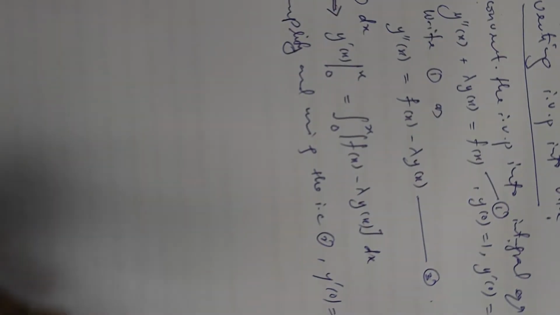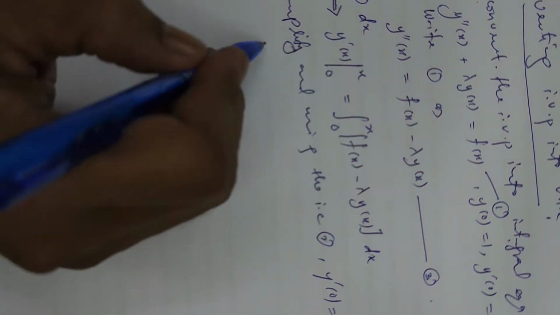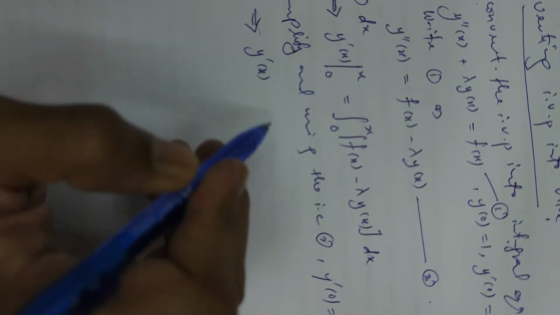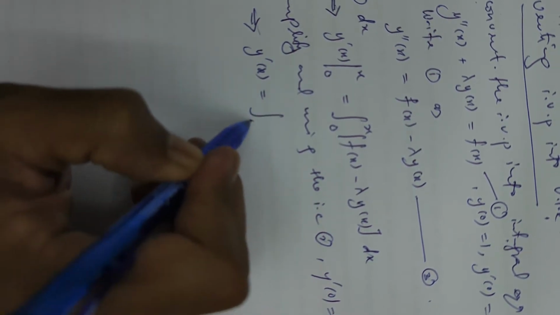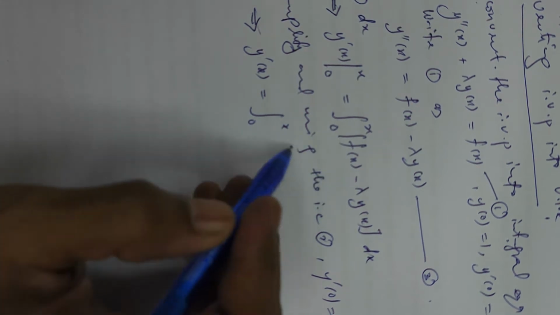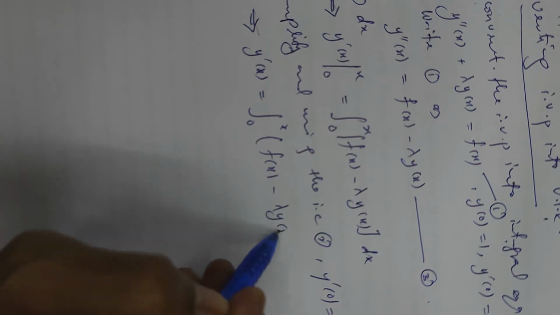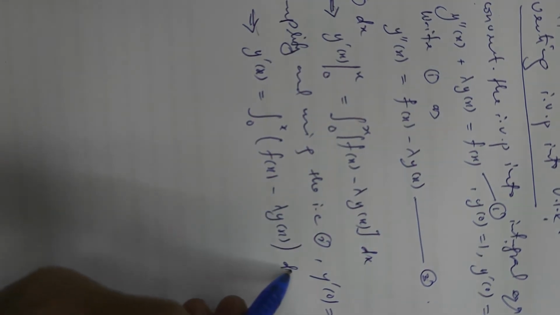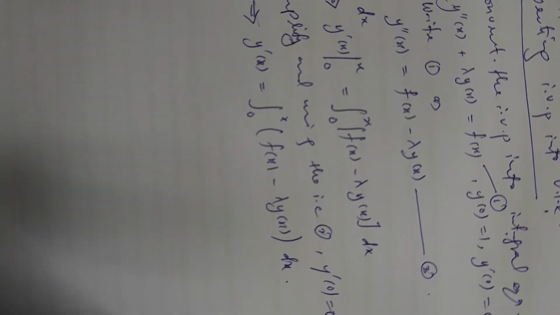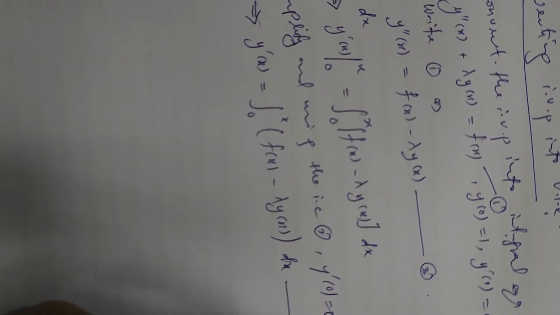Because y prime 0 is 0, what is left is y prime x equal to the integral from 0 to x of f x minus lambda y x dx. Let's call this equation number 4.